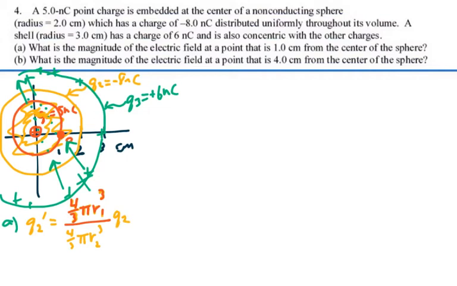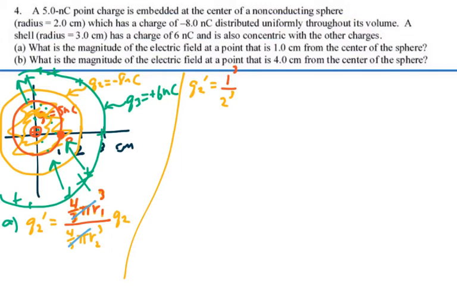Now the 4/3 pi will cancel out, and so this Q2 prime is going to be equal to R1, which is 1 centimeter cubed, over R2, which is 2 centimeters cubed.